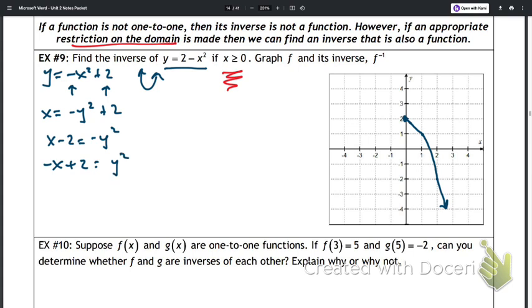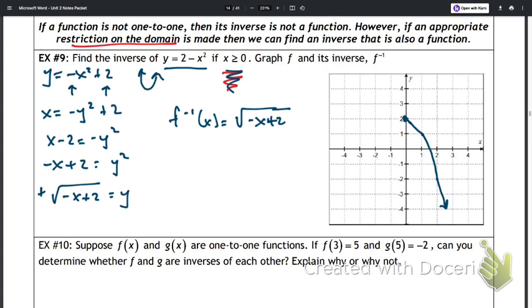And then we're going to take the square root. Normally when you take the square root, you have plus or minus. But because we've limited our domain to this right here, we're not going to do the negative, we're just going to do the positive part of that. So my f -1 of x will be the square root of -x plus 2.